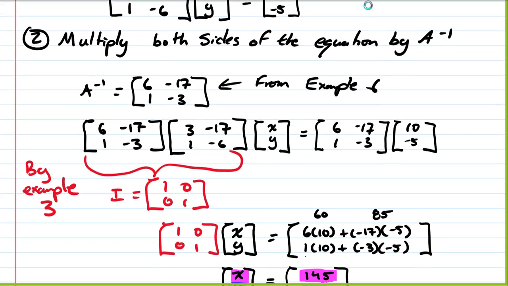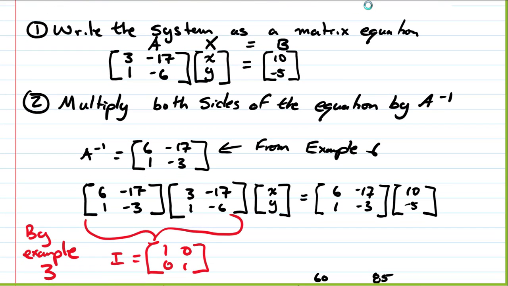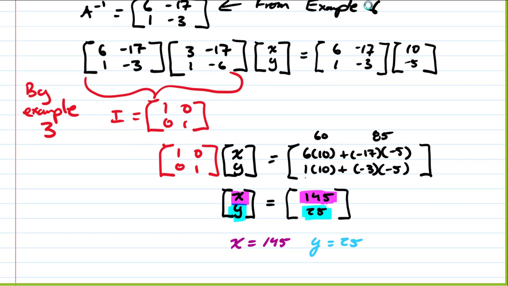So we've essentially solved this matrix equation by multiplying both sides by the inverse to isolate the column vector xy, and then once we've done that, we just read off the values from the resulting matrix.